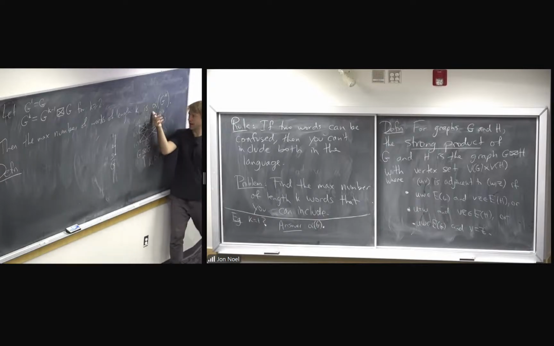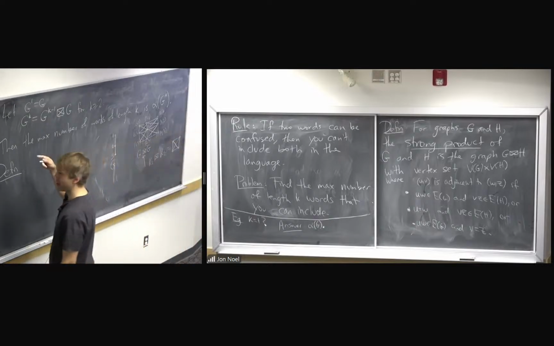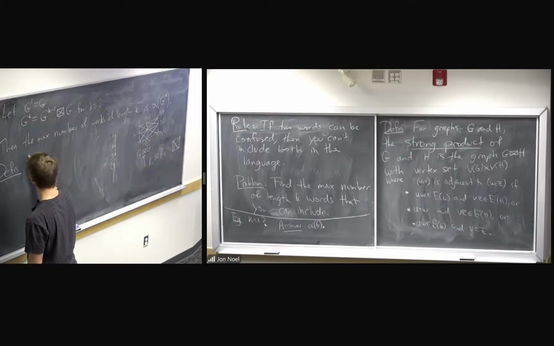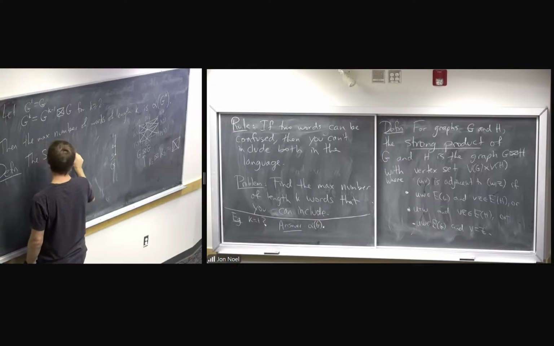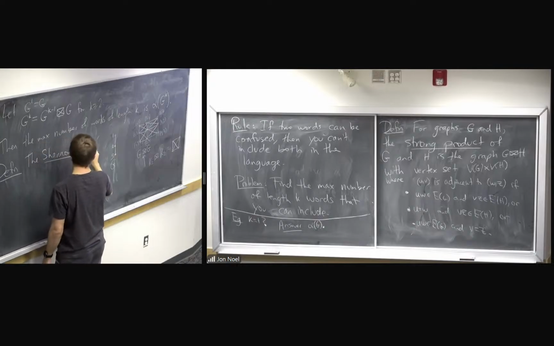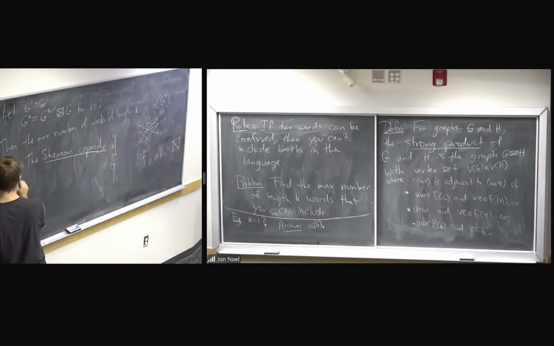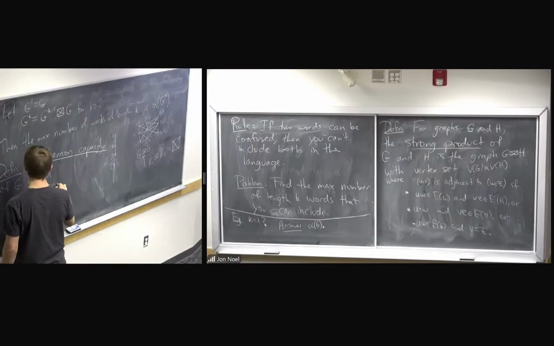Although if K goes to infinity, this number is just generally going to go to infinity, it becomes natural to take the 1 over kth power. So the Shannon capacity of G is the limit as K goes to infinity of alpha of G to the K, to the 1 over K power.